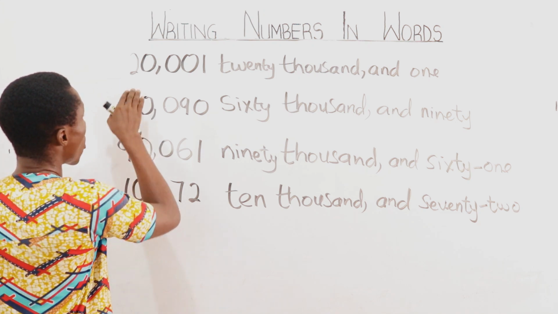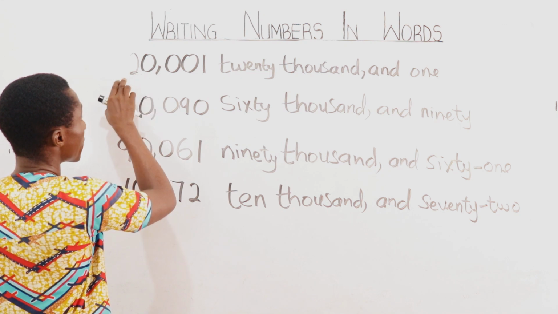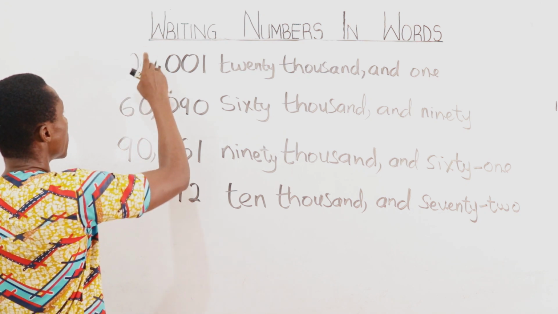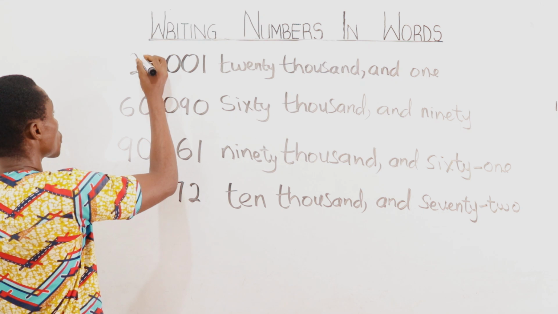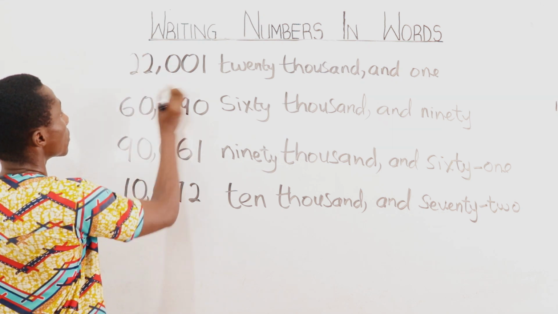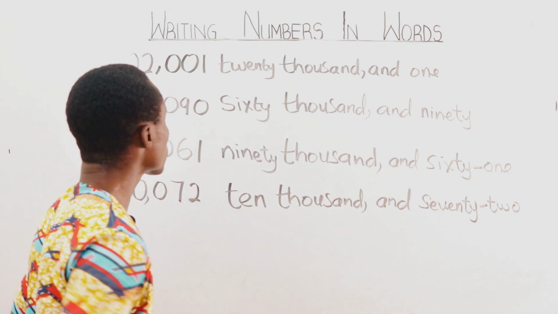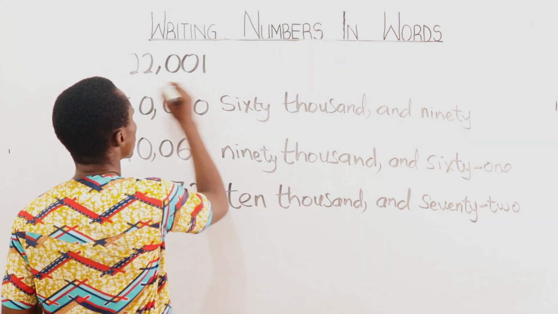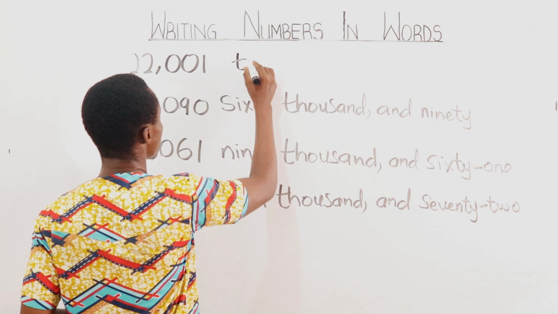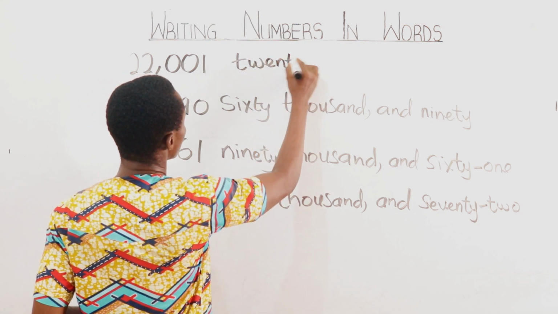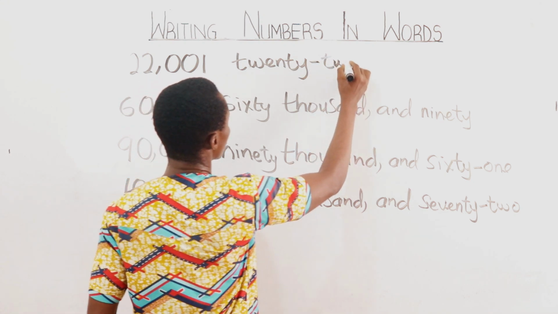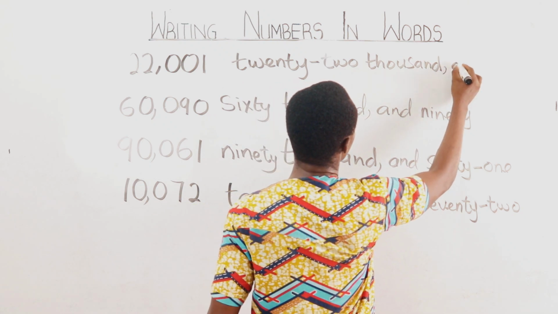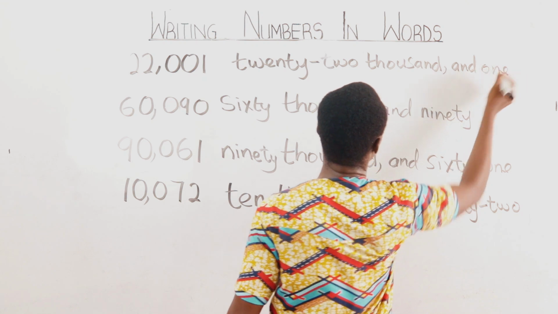We also have to realize that when we begin to deal with the 10,000s, we can actually have compound numbers in the first two digits. For example, this could be, let's say, 22,001. So we will have 22,000 and 1.